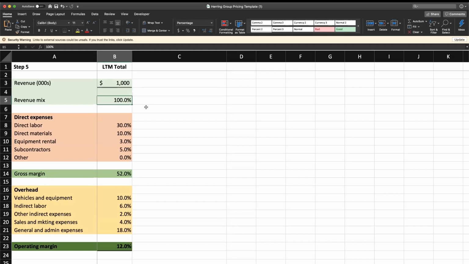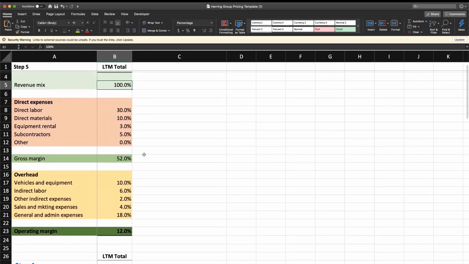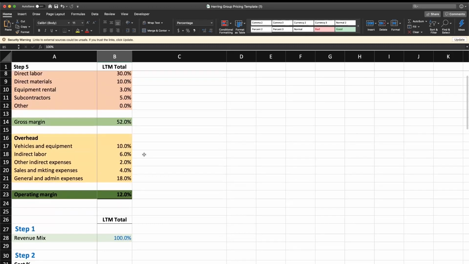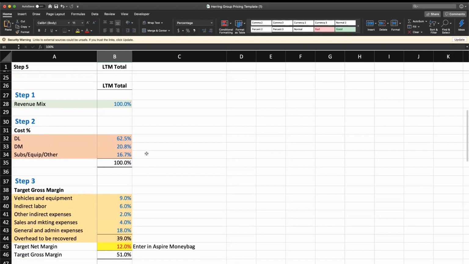So direct expenses, right? Those are just pulling those numbers over from the historical. And so down through line 23 is just a representation of your historical numbers that we had on the previous page. So then in setting your markups, we're going to use those percentages. So if we were doing this by division, we could alter the revenue mix, right?